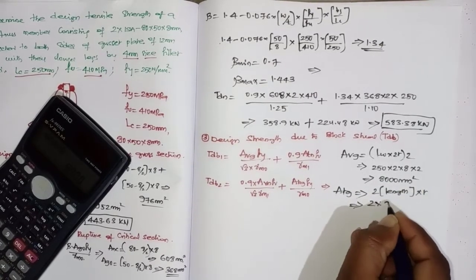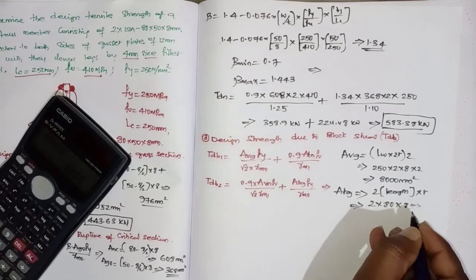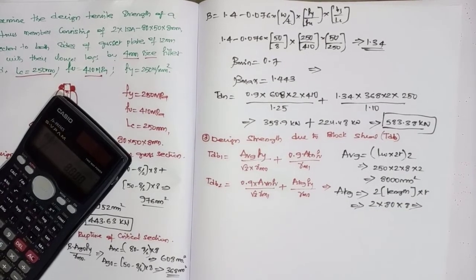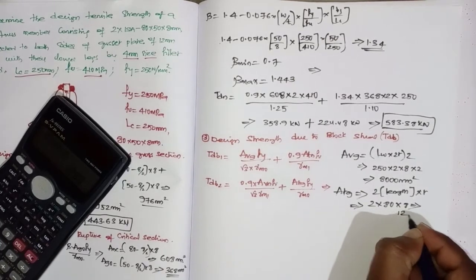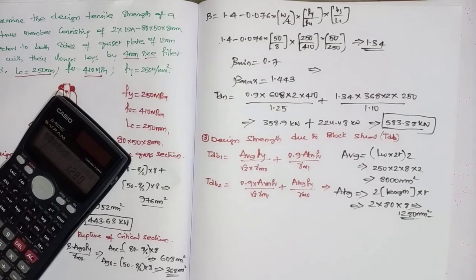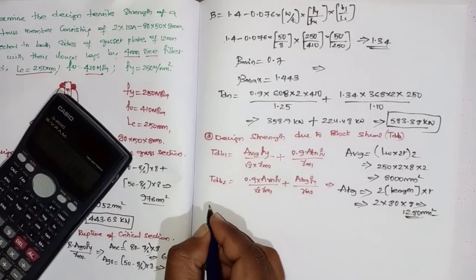So 2 into 80 into 8, mm square. Okay, now I will substitute here.